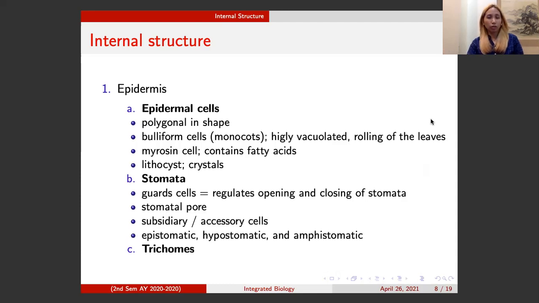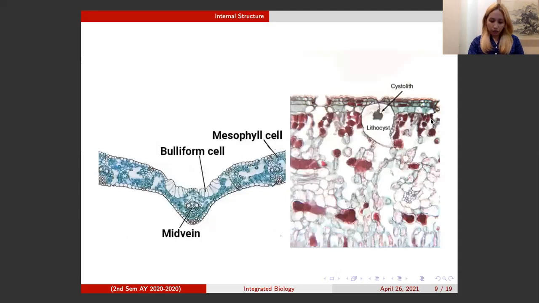Secretion, which also equals protection most of the time. There are also different types of trichomes. We have simple trichomes, like simple hair-like trichomes. You have branching trichomes. You have glandular trichomes, and so on. I will not reiterate on this because I trust that this has already been discussed in the tissues portion of the discussion.